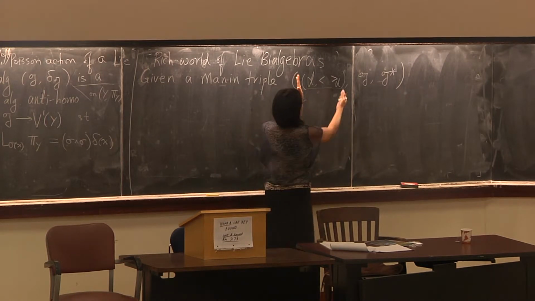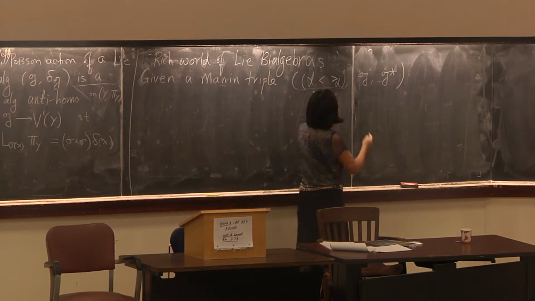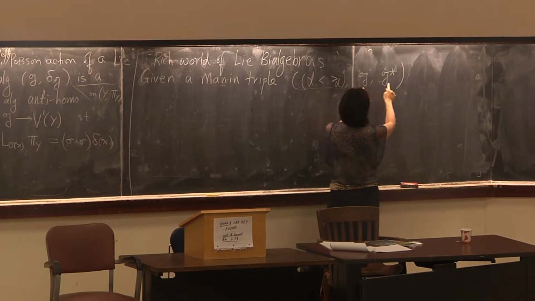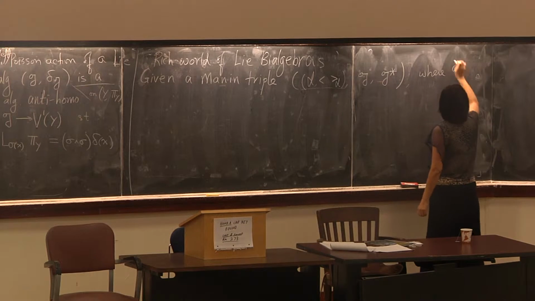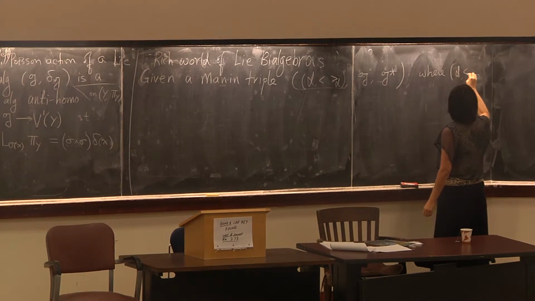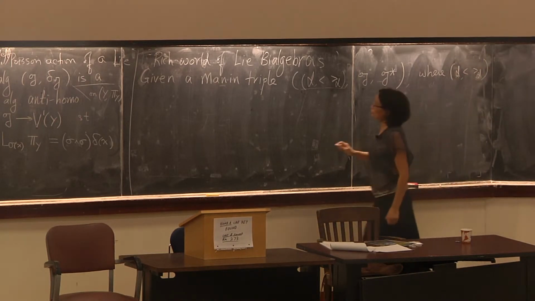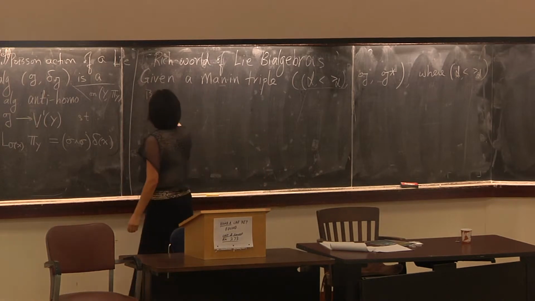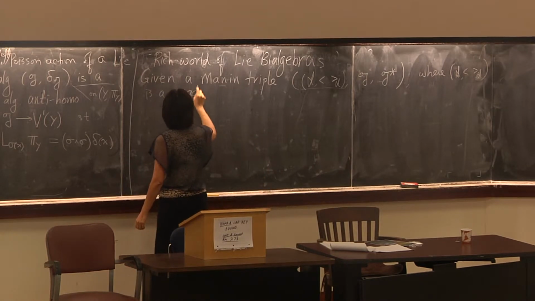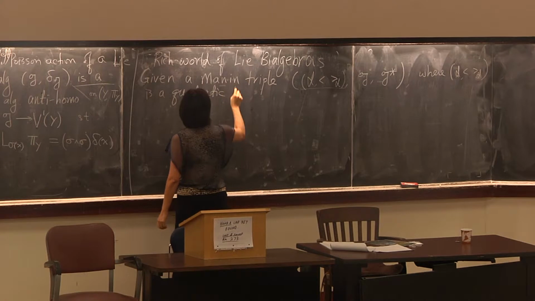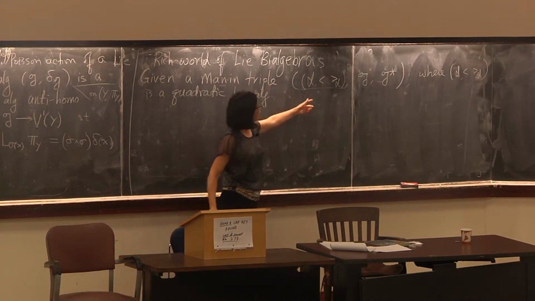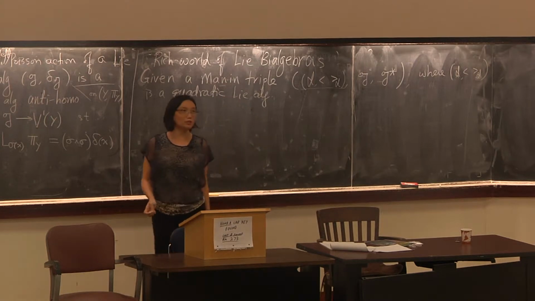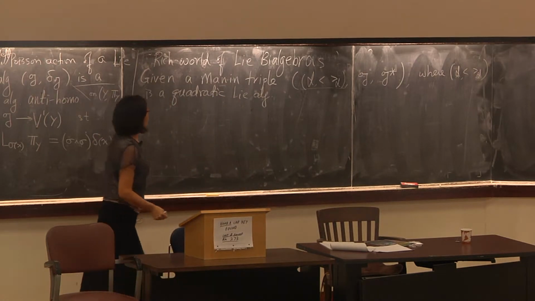So D is a quadratic Lie algebra. Once again, this means that you have a Lie algebra with a symmetric, non-degenerate, invariant bilinear form.